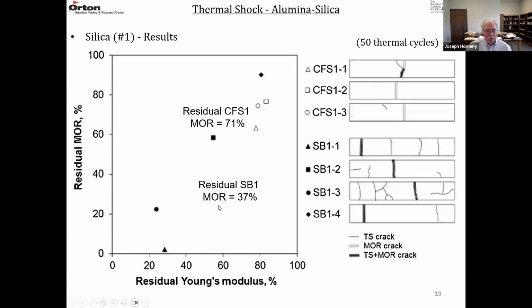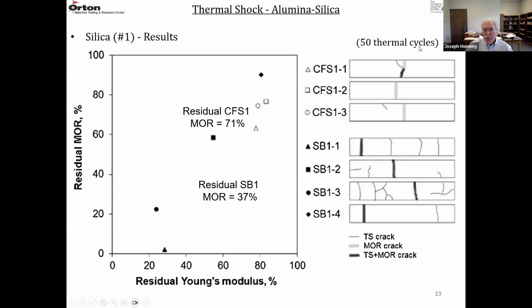It's only 37%. So here are the three samples shown, the open triangle, circle, and square, for the crystalline fused silica. And then this is for the crystalline silica bricks, the solid triangle, square, circle, or diamond.